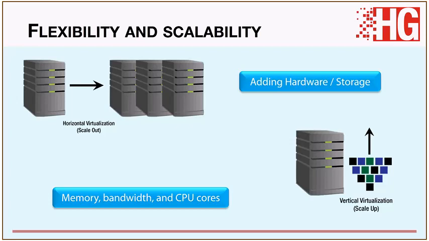Or you may want to do vertical virtualization, in other words, scale up. In this case, it may be you need to add more memory, more bandwidth, or more CPU cores. Let's say you have multiple virtual machines on a physical server, and you know that one virtual machine is only used once a week and the processing is not real high.